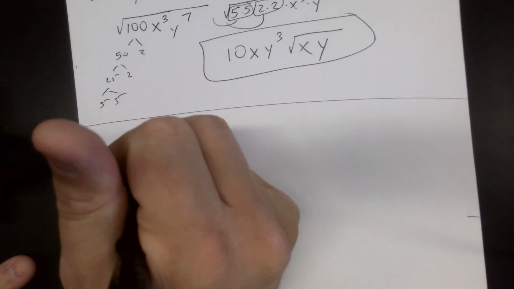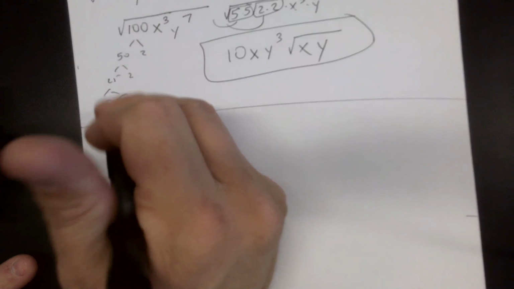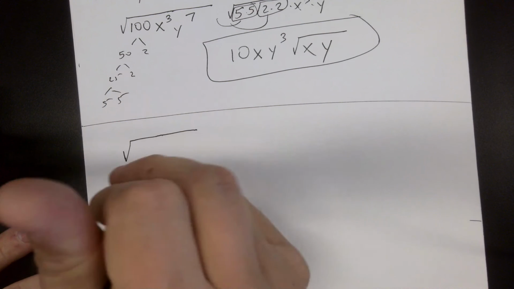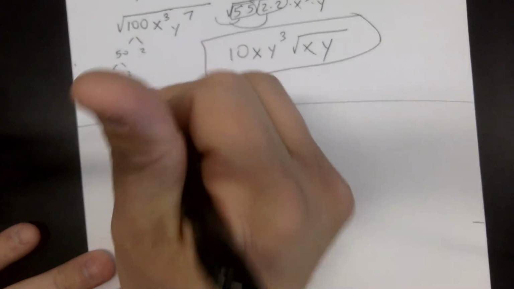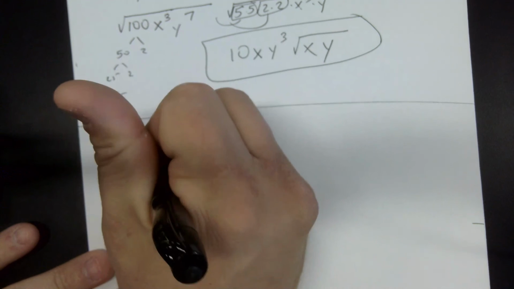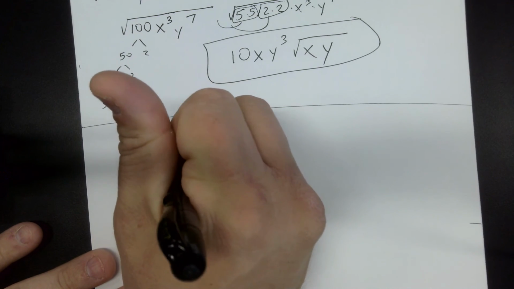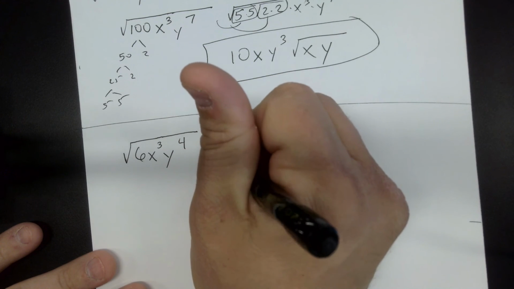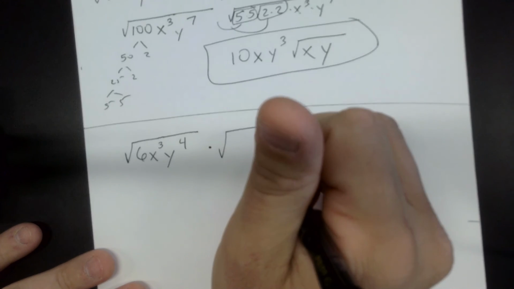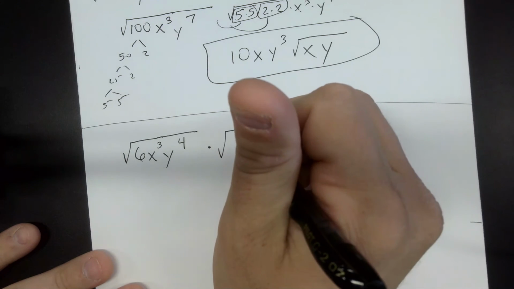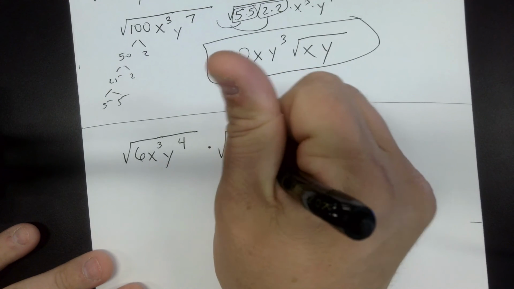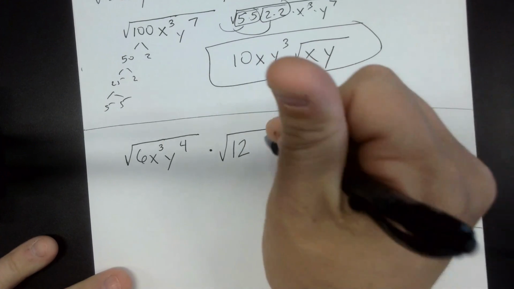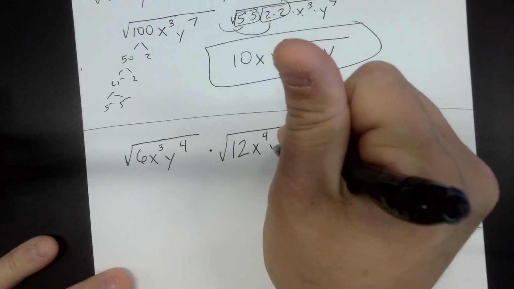The square root of 6 x cubed y to the 4th times the square root of 12 x to the 4th y.